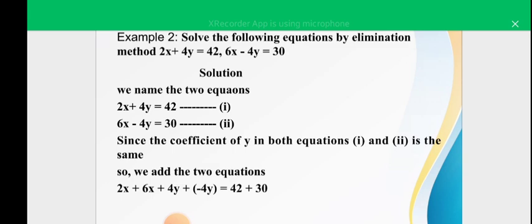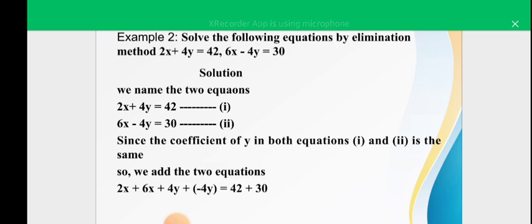If you see here, the y in equation 1 is carrying a positive sign, plus 4y, and in equation number 2 is carrying a negative sign, which is minus 4y. The coefficients are the same, 4 and 4, and one is positive and the other one is negative. So the best thing here is to add the two equations.